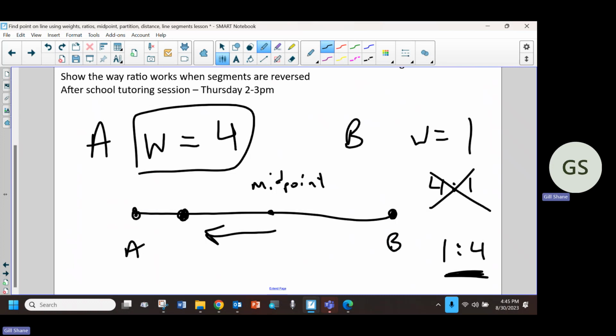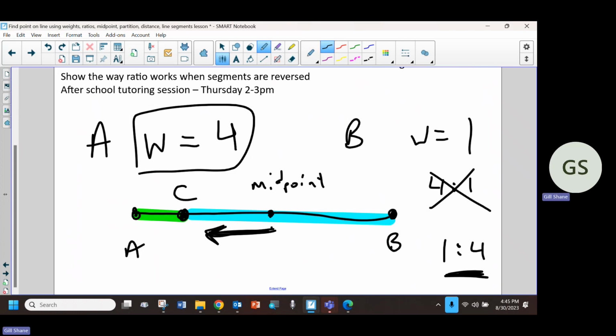So now just to show you, I'll highlight again. Now the left segment is that long, the right segment is that long. So A pulled the point to the left, so we'll say C again. If this was the midpoint, it gets pulled to the left, just like this arrow is saying.